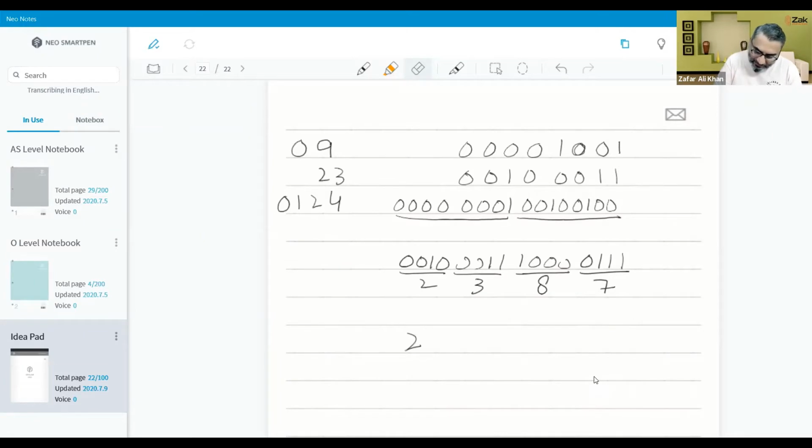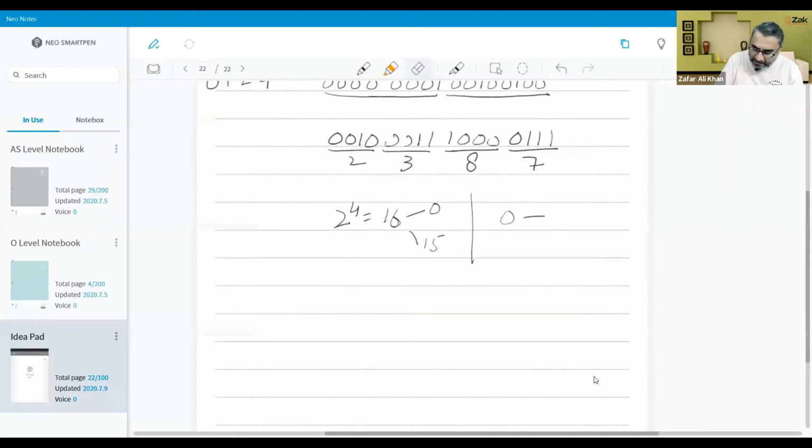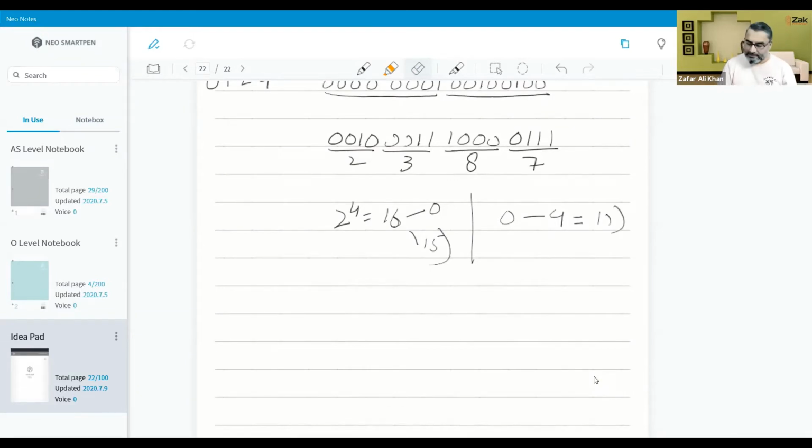What is the range? For 4 bits, the range is 16, meaning 0 to 15. And we have got how many digits in denary? 0 to 9. What is the count? 10. So this 15 and this 10 have a difference.